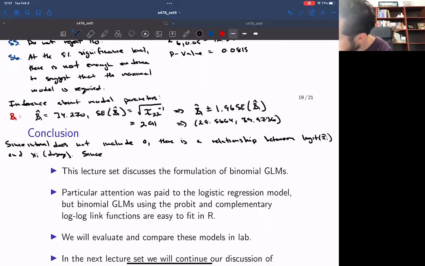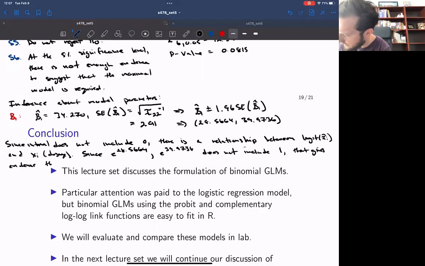So since e to the 28.5664 to e to the 39.9736 does not include 1, that gives evidence that pi i is greater than 1 minus pi i as dosage increases by 1 unit.